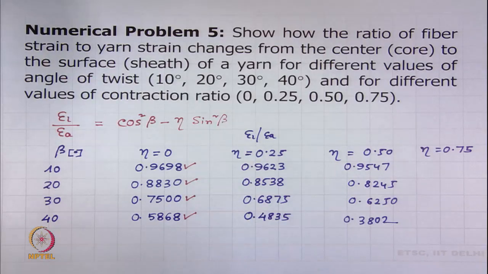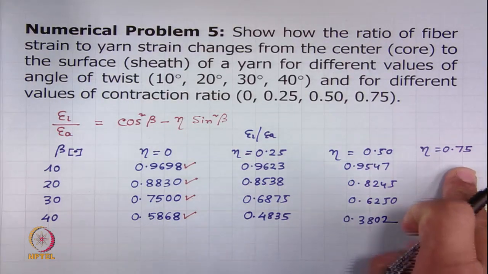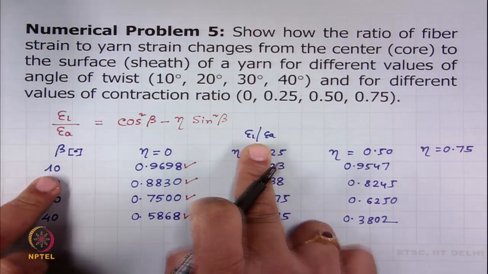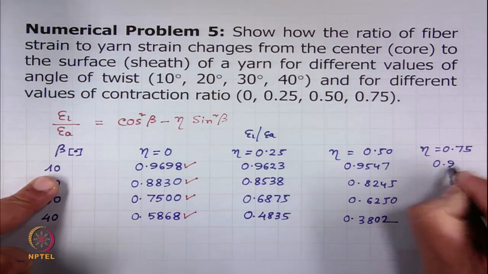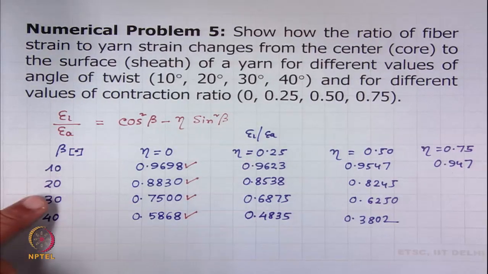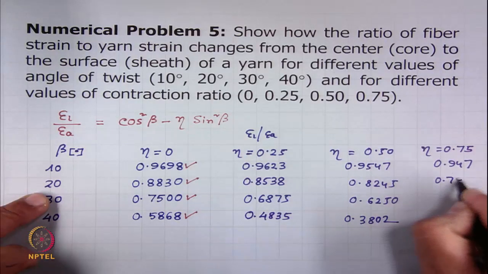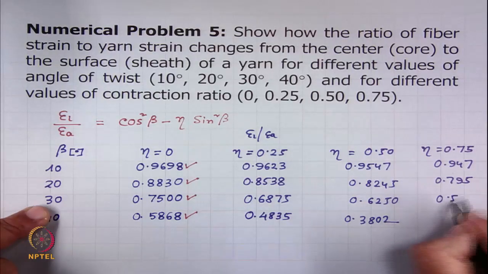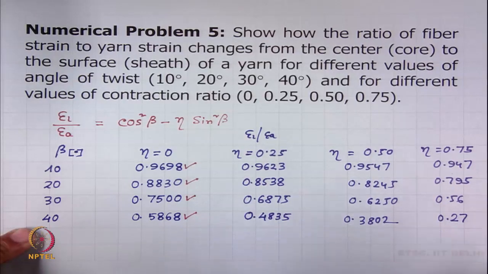In a similar manner, when contraction ratio is 0.75, what is the ratio of fiber strain to yarn strain when beta is equal to 10? This value will be 0.947, for 20 this value will be 0.795, for 30 this value will be 0.56 and for 40 this value will be approximately 0.27.